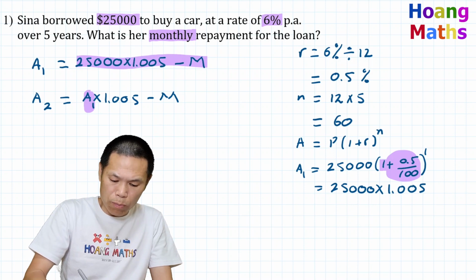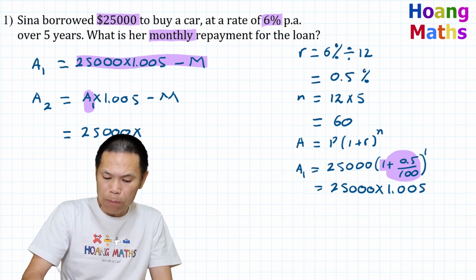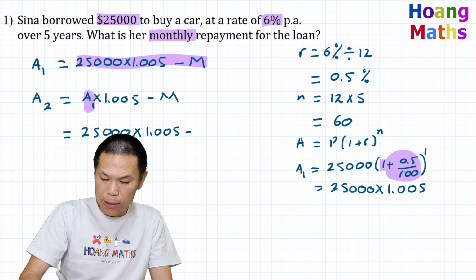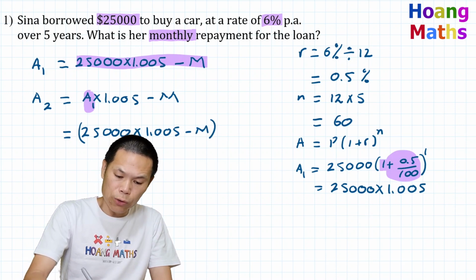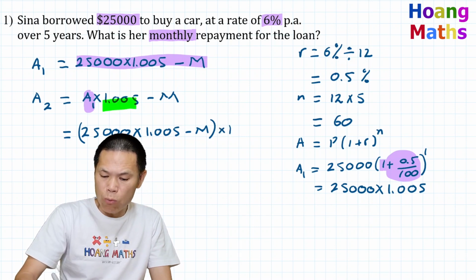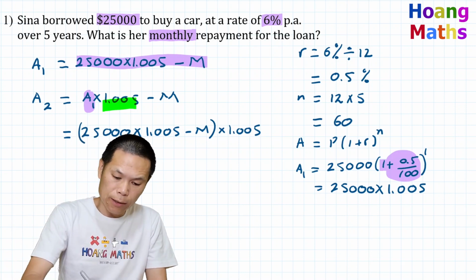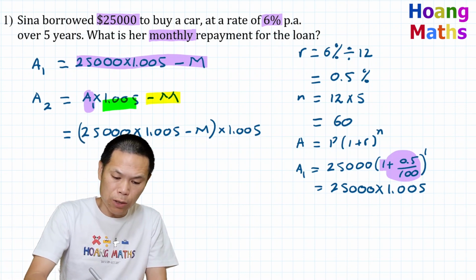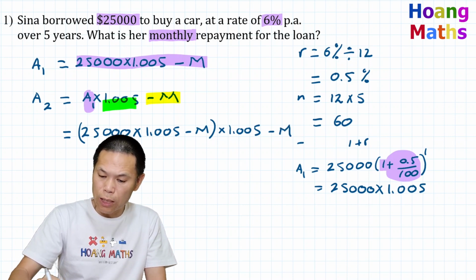So let me just replace that. So A1 is 25,000 times 1.005 minus M. And don't forget, we need to times this number here by 1.005 and we minus M, because this M here, we need to write it down, minus M. So let me just clear this first.